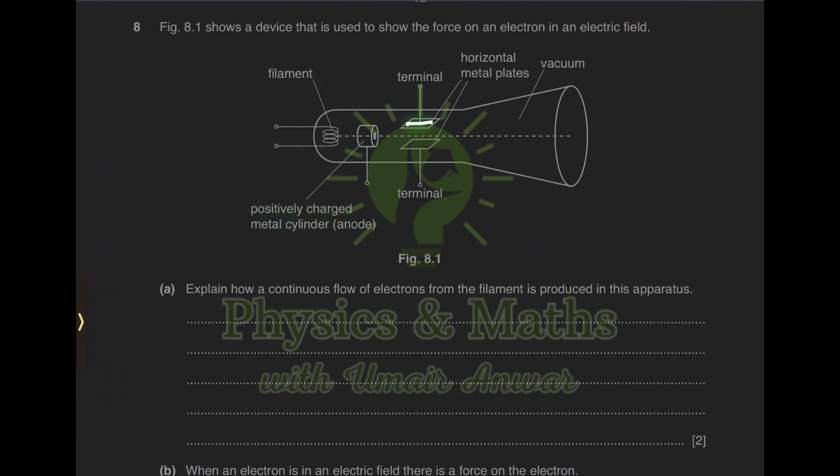Then there are 2 horizontal metal plates, and each plate could be connected to a different terminal for creating an electric field between the horizontal metal plates. Then all of this is placed in a tube, and there is vacuum, so no air present here. Now this dotted line is showing the movement of electrons in this tube, and there is a screen over here where the scintillation made by the electrons could be seen.